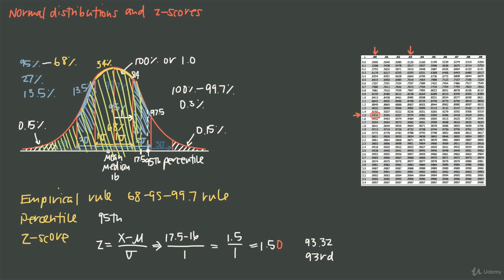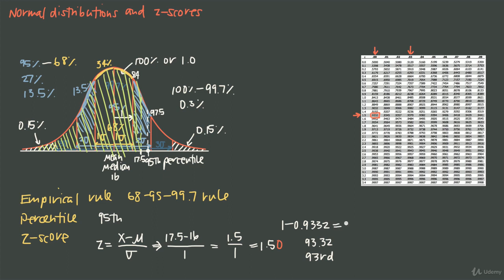And keep in mind here that because the full area under the curve is 100%, if I want to find the area above 1.5 standard deviations above the mean, so everything here that's not shaded in green, I would just take 1 minus 0.9332, because 1 represents all of the area under the curve, and I know that everything to the left of 1.5 standard deviations above the mean is 93% of the area, or 0.9332.